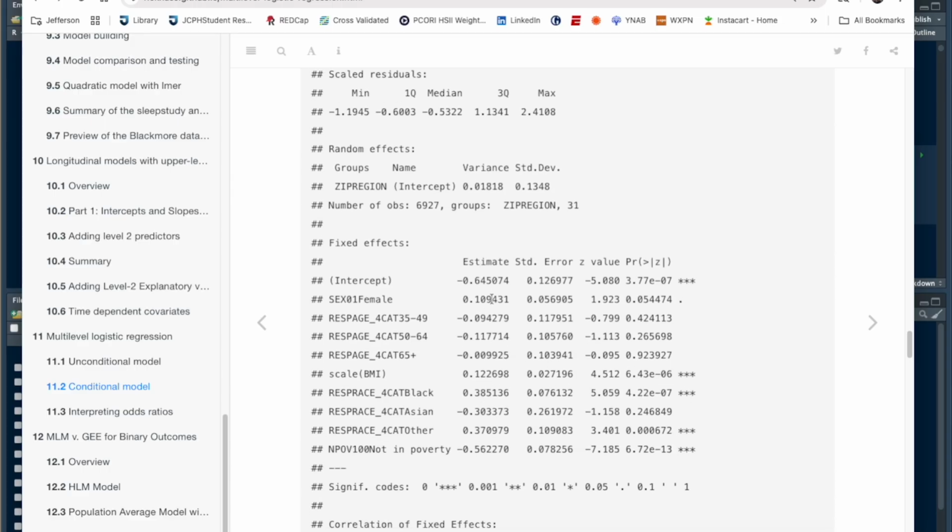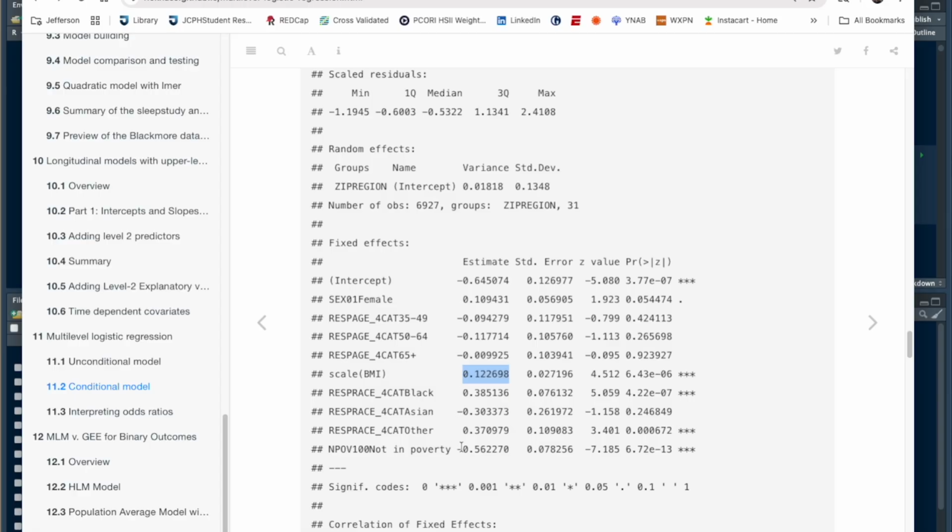So again, these coefficients are telling us the direction of the effects, but they're on the log odds scale. So we can kind of roughly get a sense of, for example, as BMI increases, for each unit increase in BMI, the log odds, logit of an ED visit goes up by 0.123.